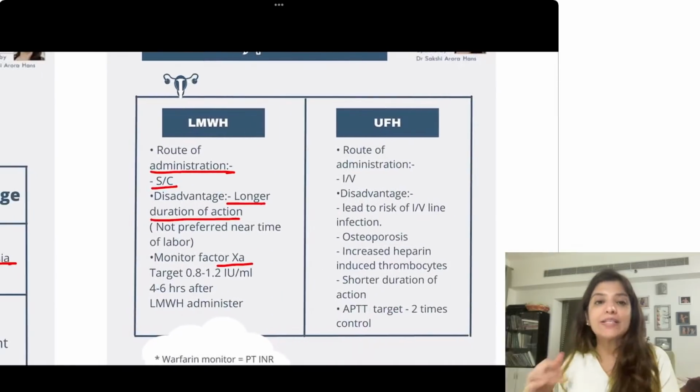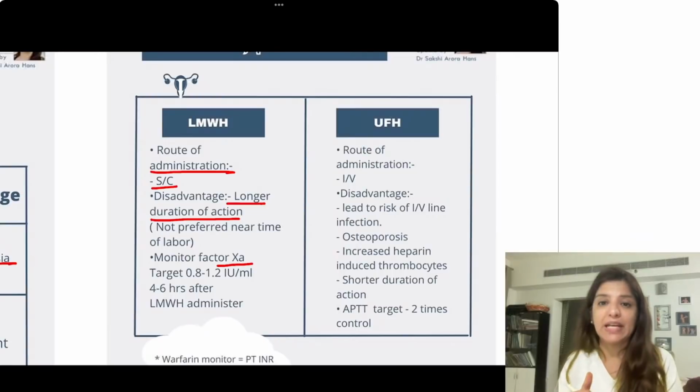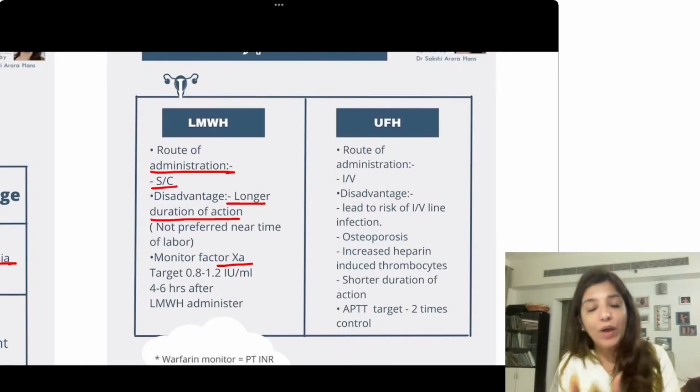Now, as far as unfractionated heparin is concerned, the route of administration is IV. So, whenever we say that we are using heparin in pregnancy for valve replacement, we prefer low molecular weight heparin because low molecular weight heparin is given subcutaneously, so it can be self-administered. Whereas for unfractionated heparin, it has to be given IV.